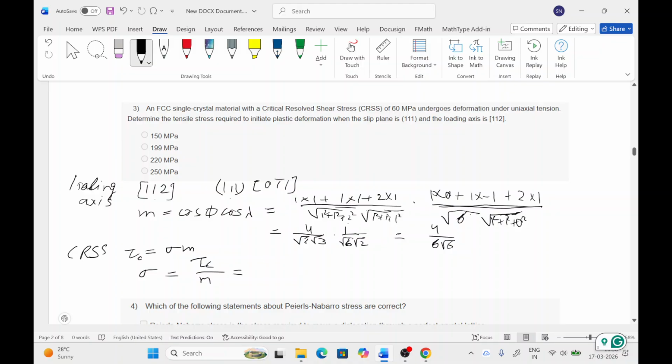The CRSS given is 60 MPa, so 60 divided by 4 by 6 root 6. So this will be 60 into 6 root 6 by 4, which is equal to 220 MPa. So the third option is correct.